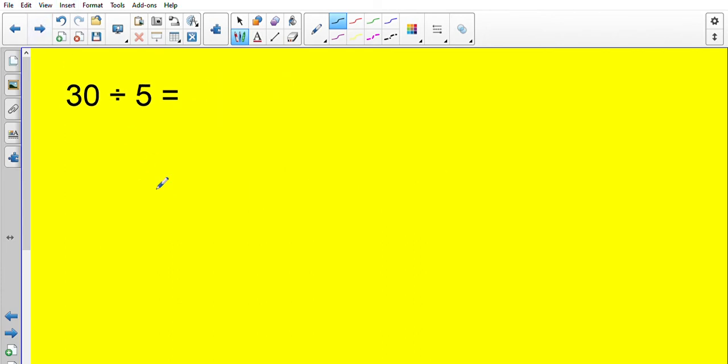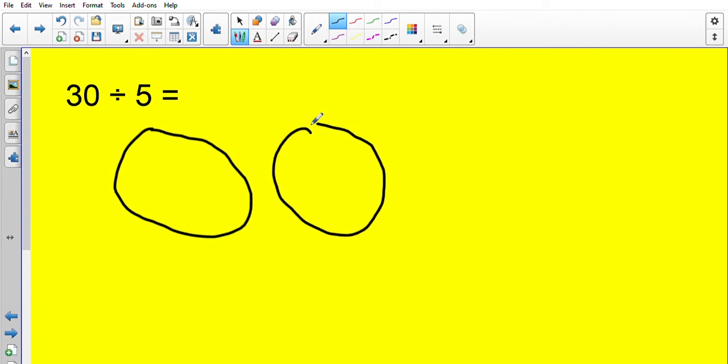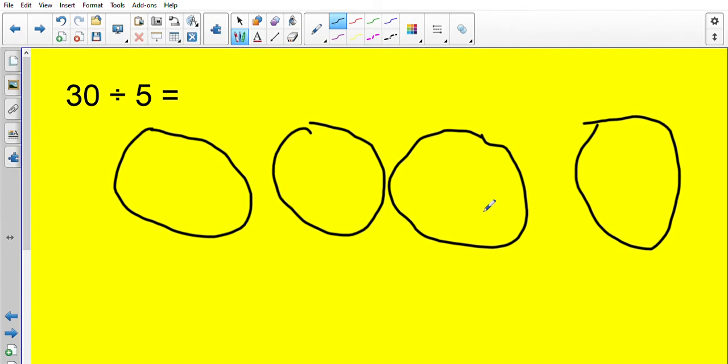30 divided by 5. What are we counting in this time? So I'm going to have 30 and I'm going to be sharing it between 5 groups. So 1 group, 2 groups, 3 groups, 4 groups, 5 groups.